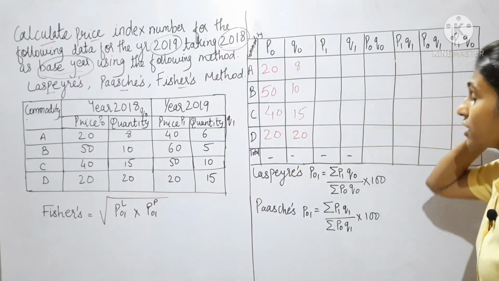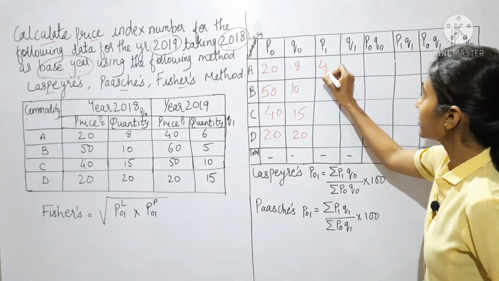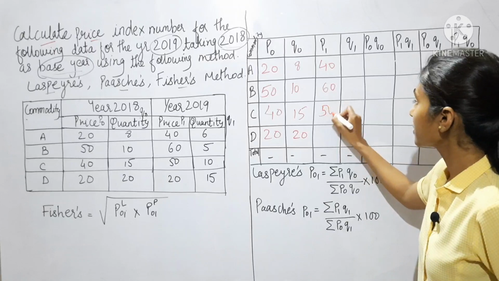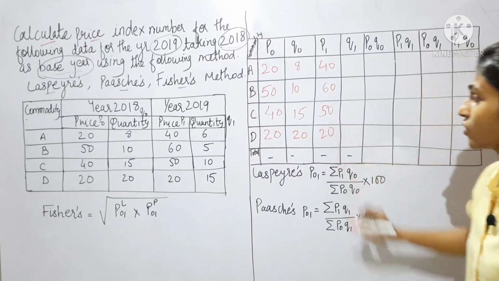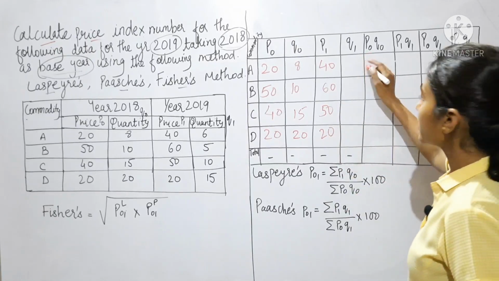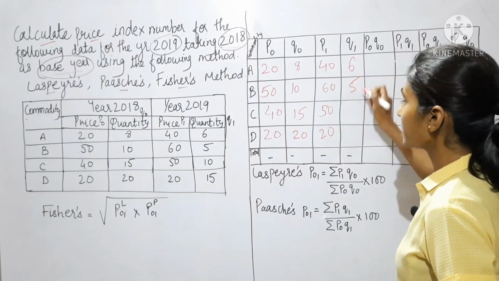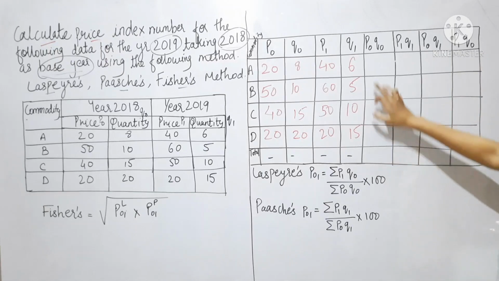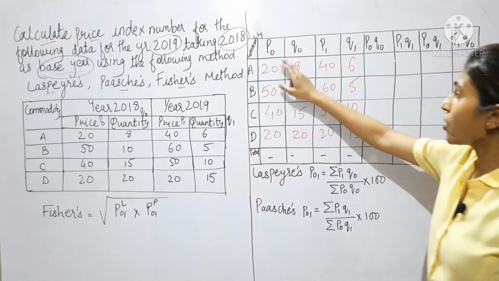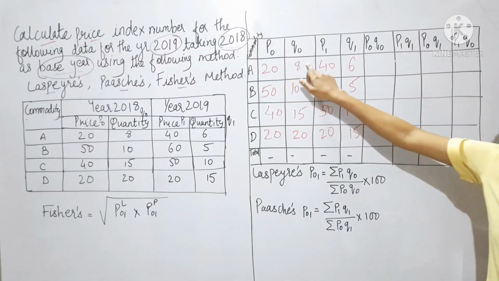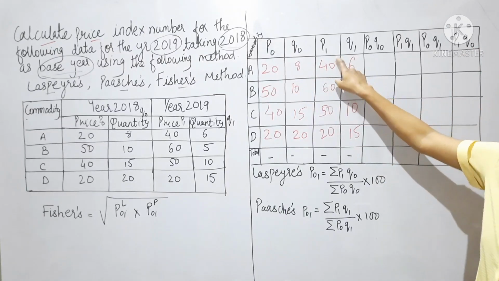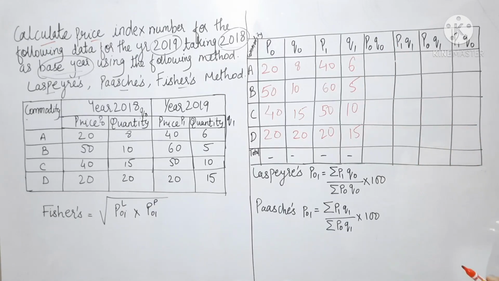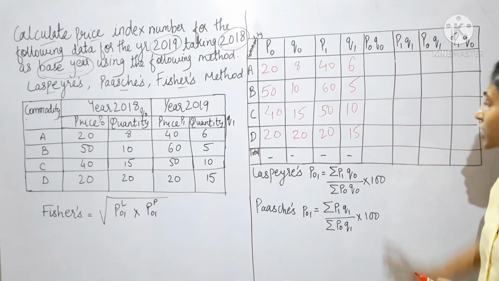Next P1: 40, 60, 50, 20. Then Q1: 6, 5, 10, 15. So write all the prices of the base year, quantity of the base year, then P1 prices of the current year and quantity of the current year.